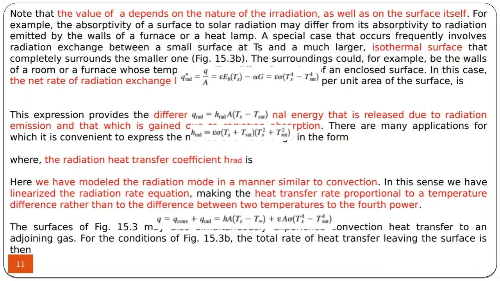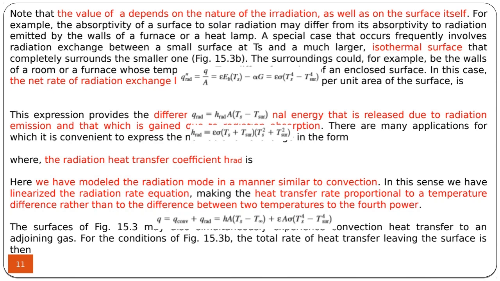So we said that radiation energy can be absorbed due to incoming irradiation, and this same surface can also emit radiation because of its surface temperature. So while it can absorb some energy from some source, it can also emit radiation.